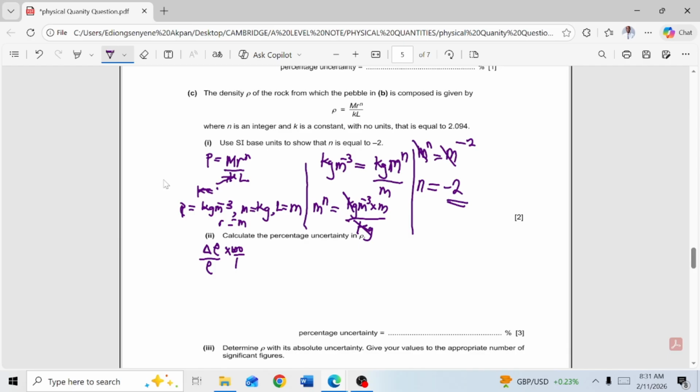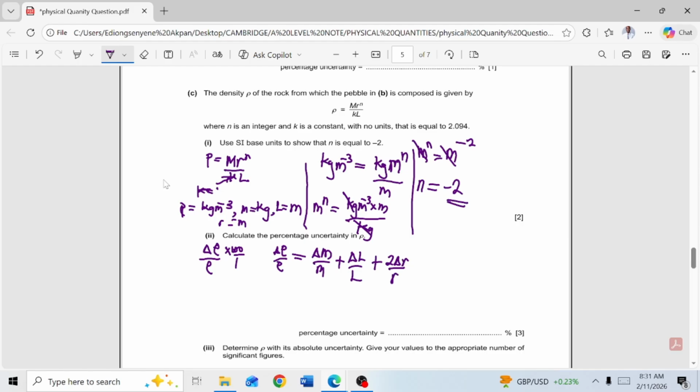So we have percentage uncertainty in density equal to uncertainty in m over m plus uncertainty in L over L plus 2 uncertainty in R over R.